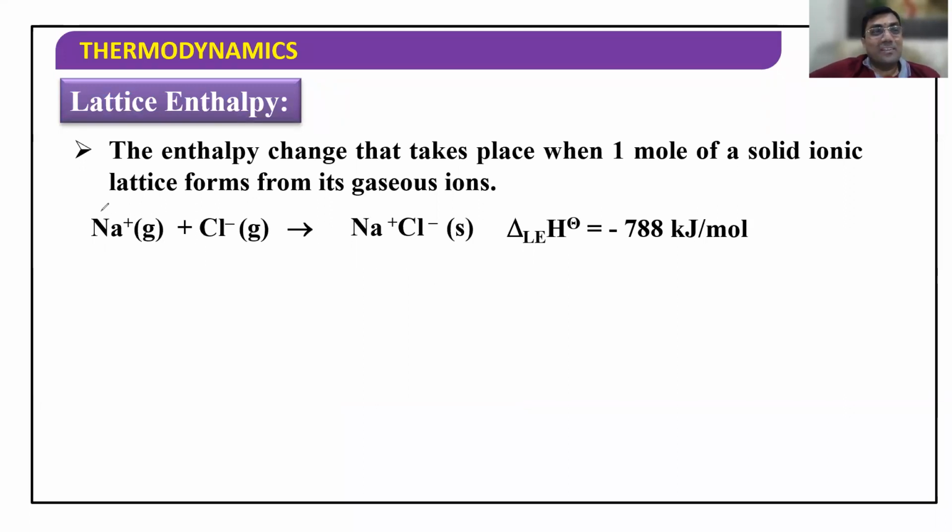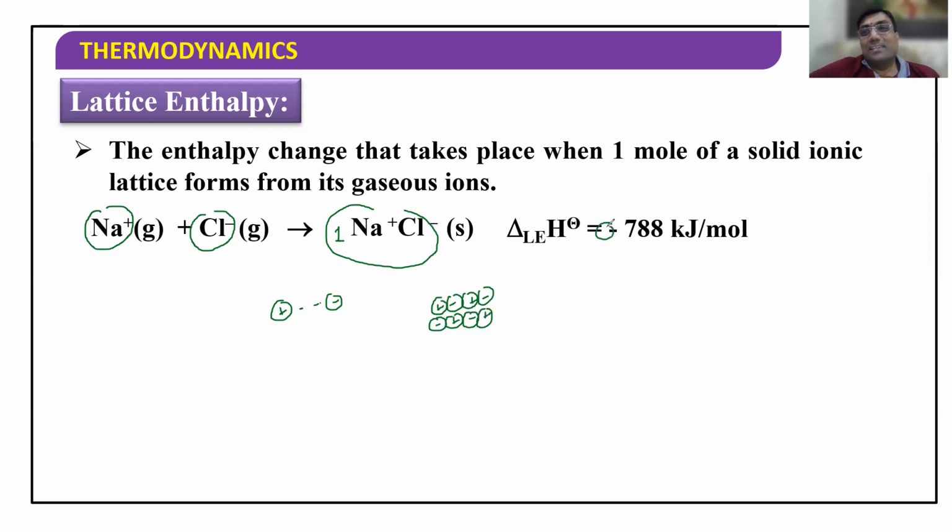So bond formation, crystal is forming. What attraction is it? Electrostatic attraction. Electrostatic attraction means energy will be released. On formation, energy will be released. So that's why it is always exothermic. Clear or not?